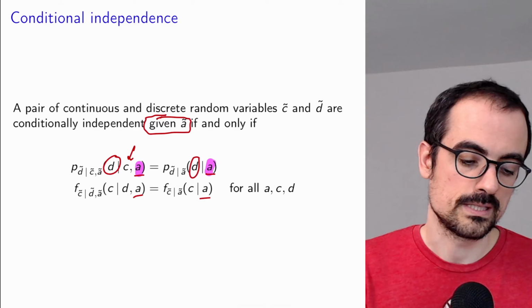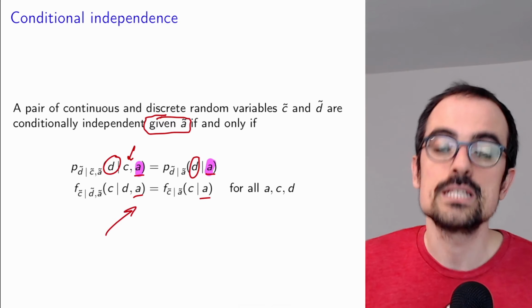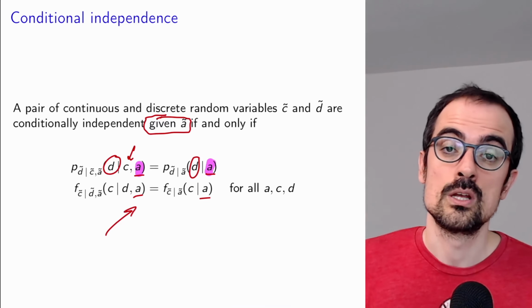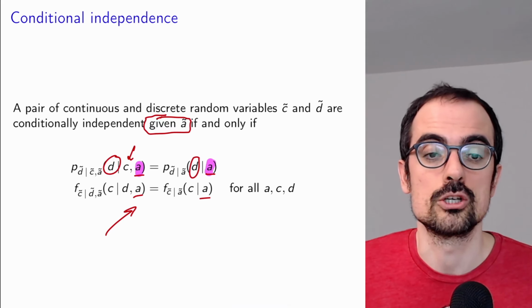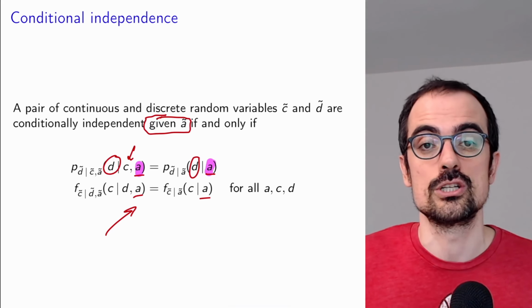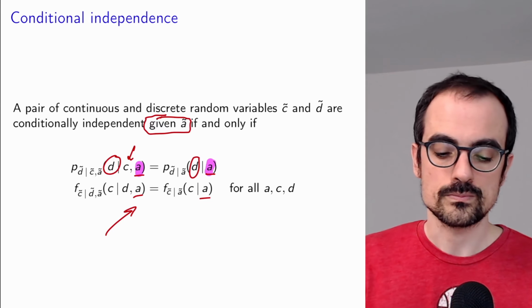Okay, and then something very similar for the continuous one. I don't have an example for this, but it's often very useful to have conditional independence assumptions when we're doing probabilistic modeling because of the curse of dimensionality, and these are the implications when you're mixing discrete and continuous variables.